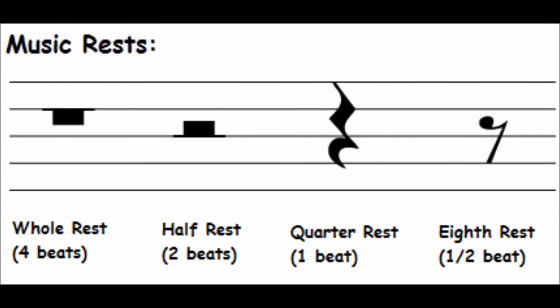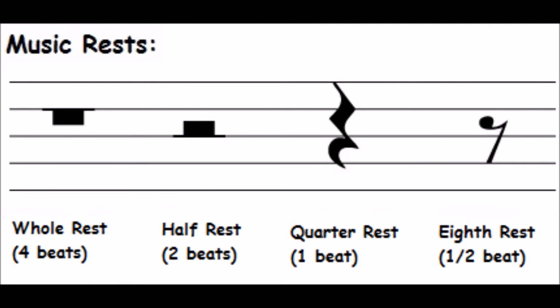Rests. Music rests. Whole rest, 4 beats. Half rest, 2 beats. Quarter rest, 1 beat. Eighth rest, half a beat. A rest is a sign used to designate a period of silence.